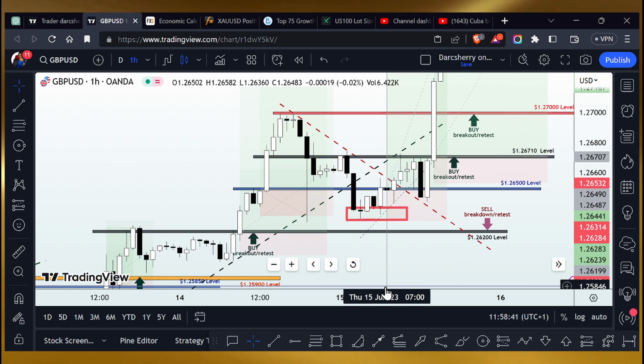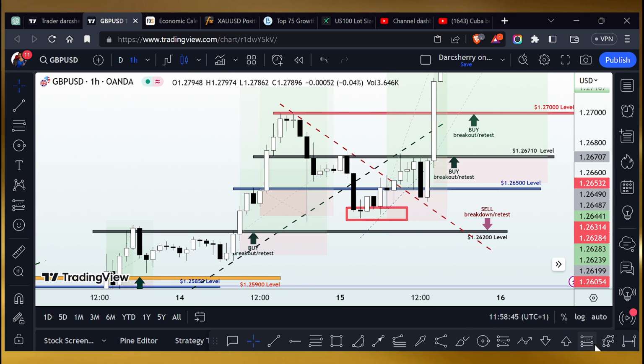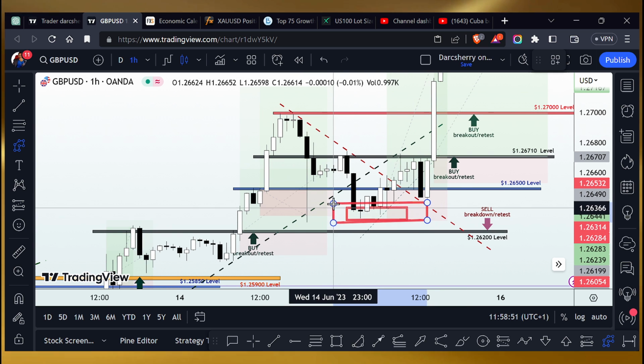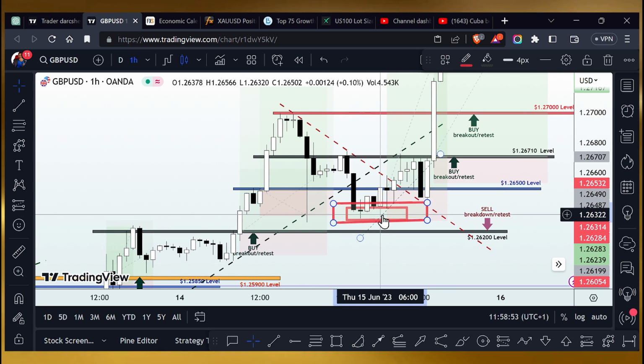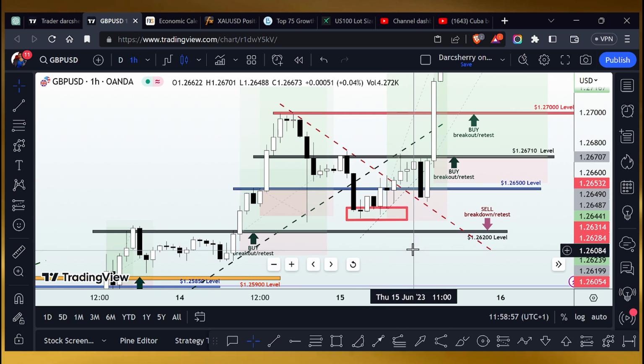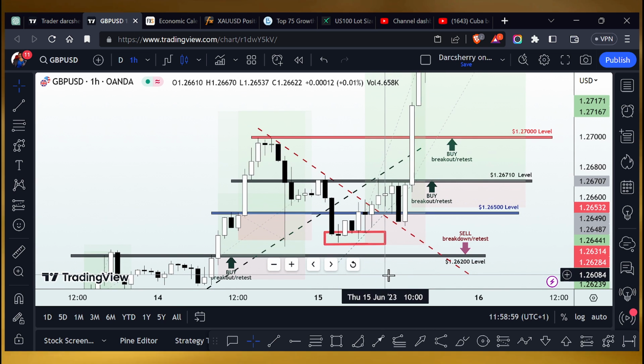And one of the things we saw during the live session yesterday was the fact that sellers found it difficult to break through the 1.26400 level, and in fact this continued till the early hours of yesterday.